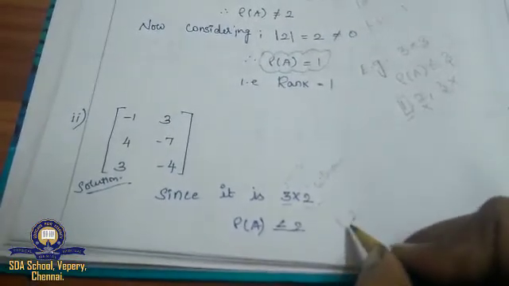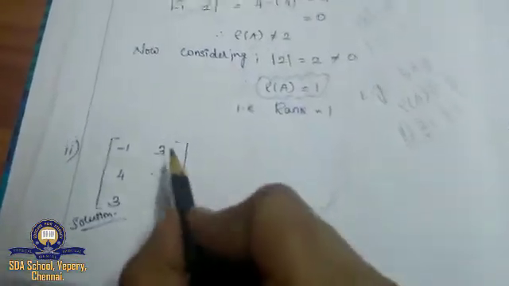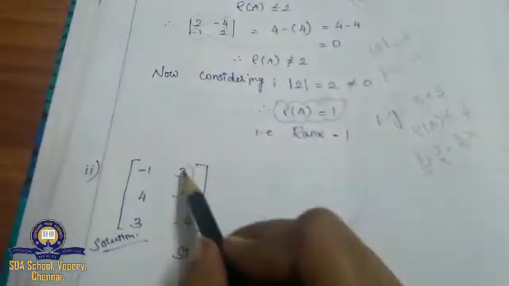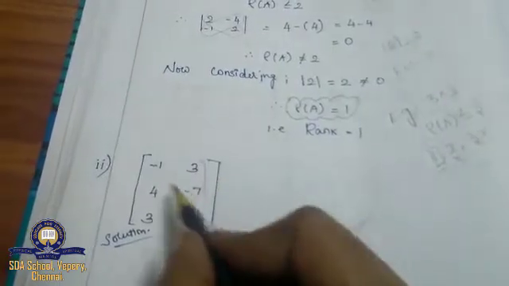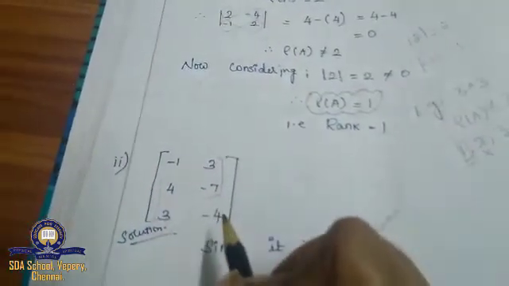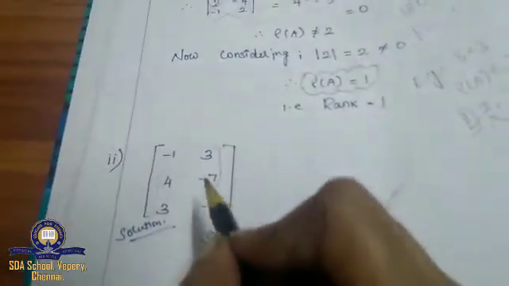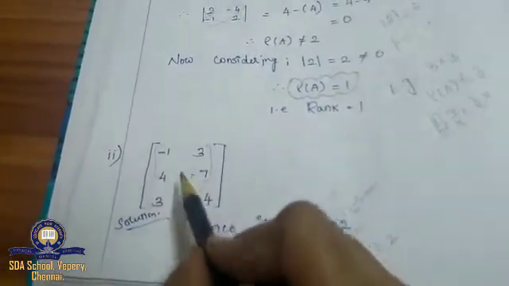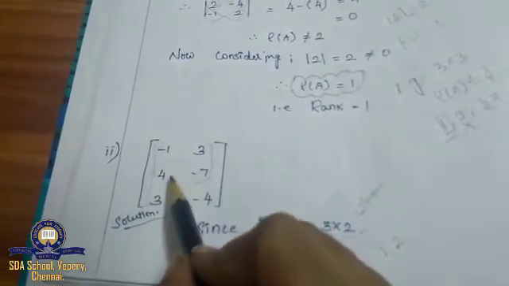For finding the rank, what should we do? We can take any 2 cross 2 matrix, that can be this 2 cross 2 matrix or this 2 cross 2 matrix. We can take anything. I am taking the first 2 cross 2 matrix, that is minus 1, 3, 4, minus 7. Now see, I am considering it.